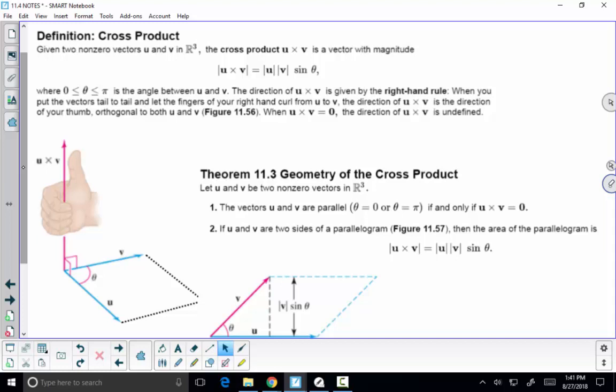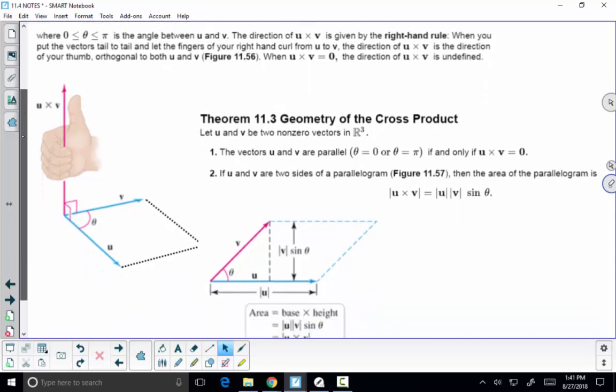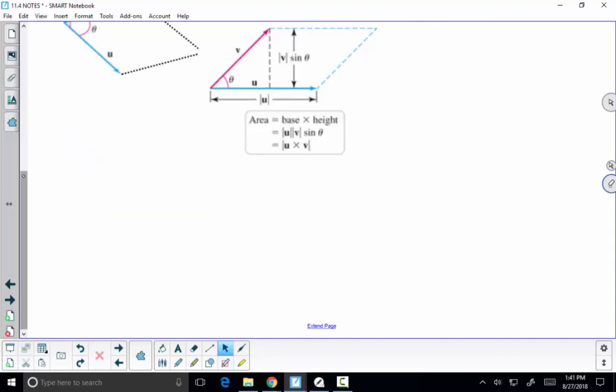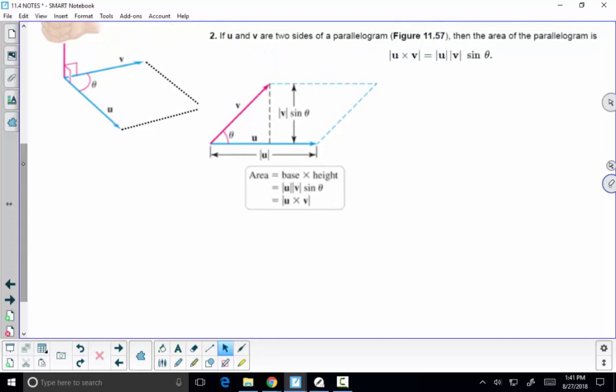OK, so let's take a look at the geometric significance of the cross product. The first piece of the geometry is that it's pointing perpendicular to the two vectors that we started with. But check this out. If we imagine u and v sharing this initial point right there, do you see that the area of this parallelogram is going to be equal to the cross product's magnitude?